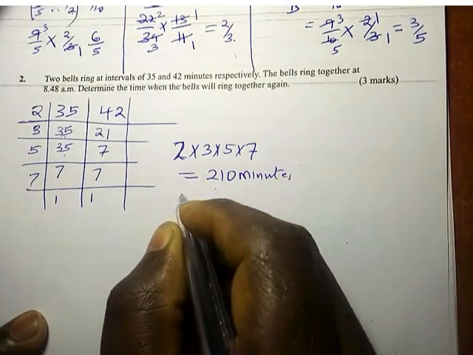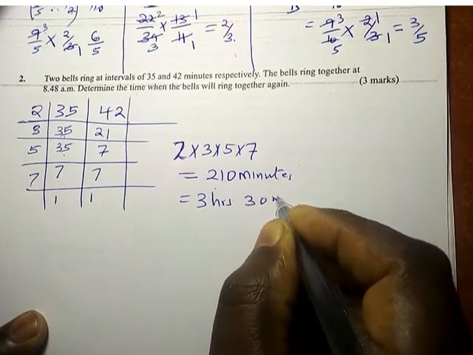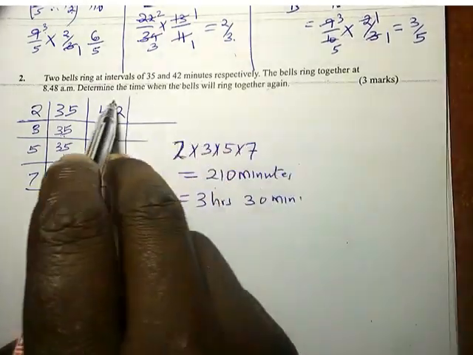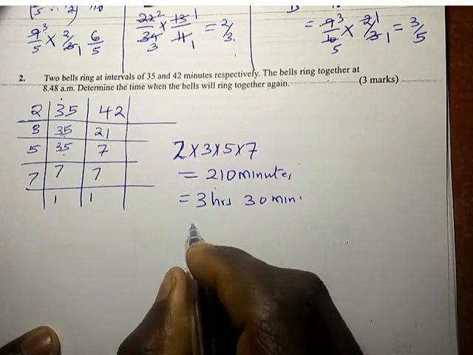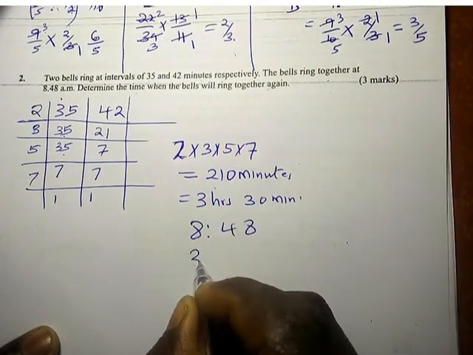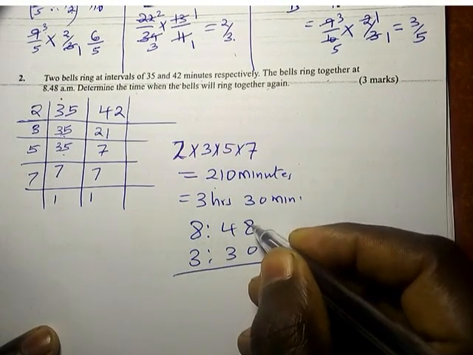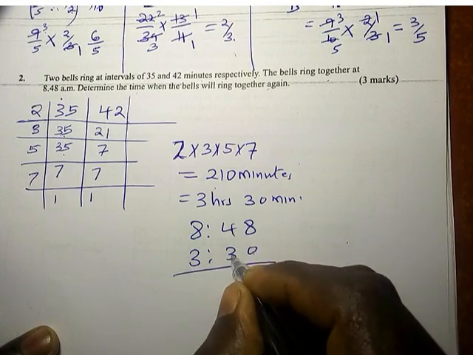But 210 minutes is the same as 3 hours 30 minutes. So if the bells rang together at this time, what will be the time they ring again? If they ring together at 8:48, they will ring together after 3 hours and 30 minutes. 8 plus 0 is 8. 4 plus this is 70.